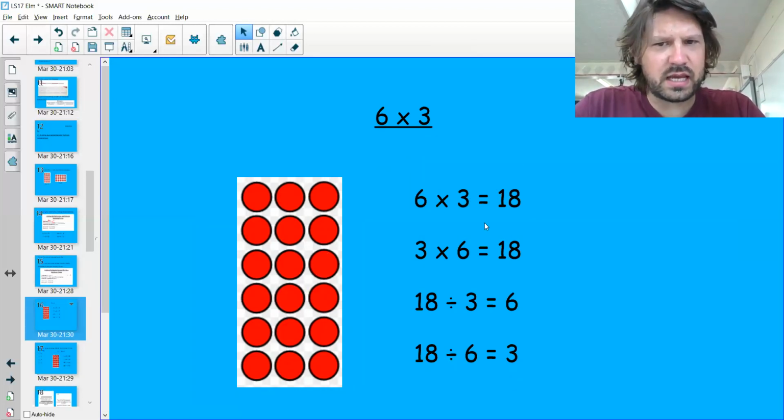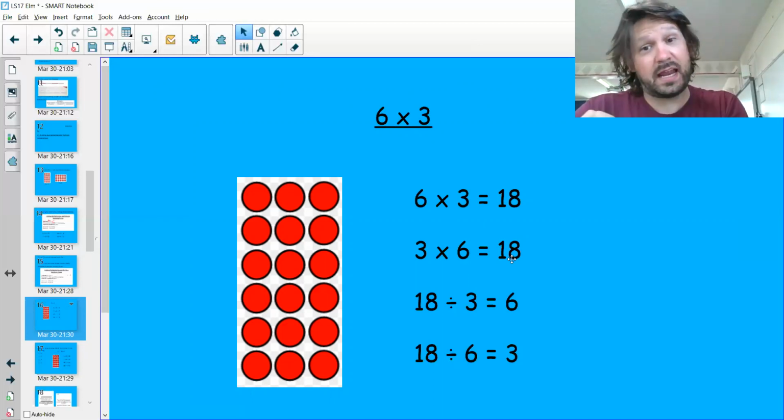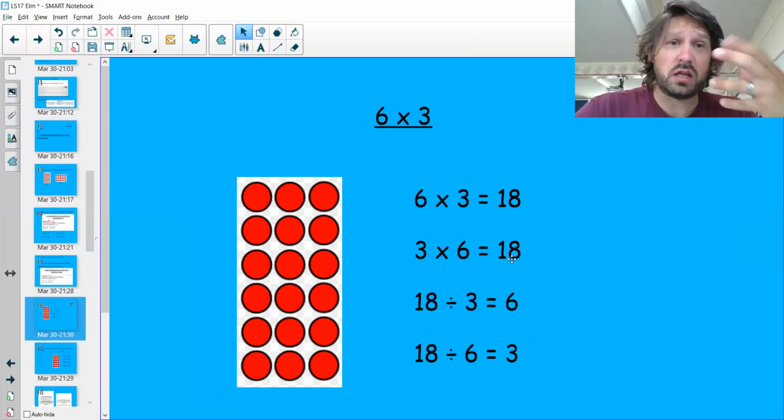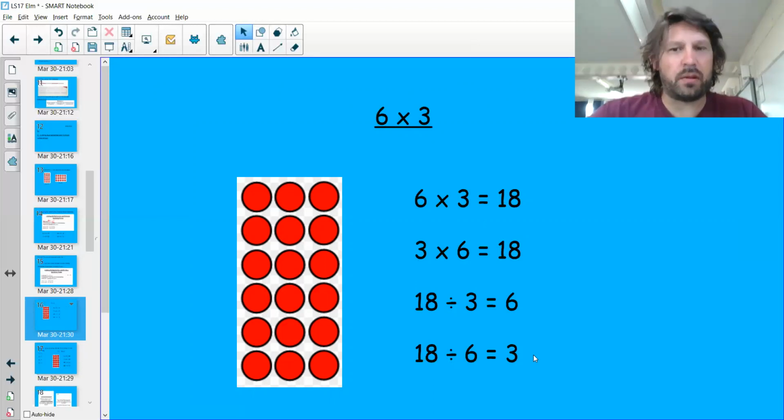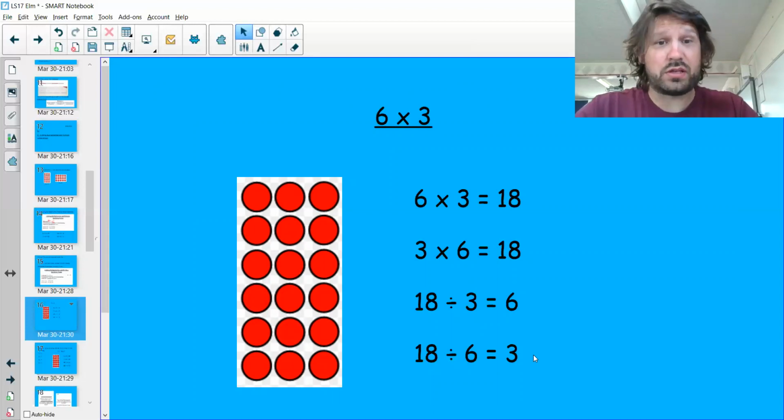They're the same numbers swapped around, and the big number for multiplication is always at the end. For division, the largest number is always at the start. So 18 divided by 3 equals 6, and 18 divided by 6 equals 3. This way, if you know the fact family, you can see if you've made any silly errors.